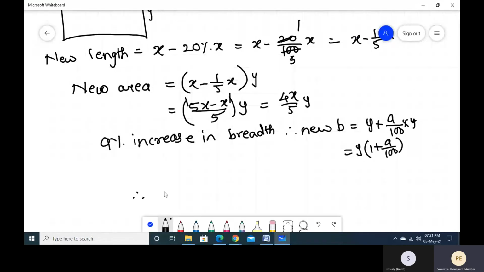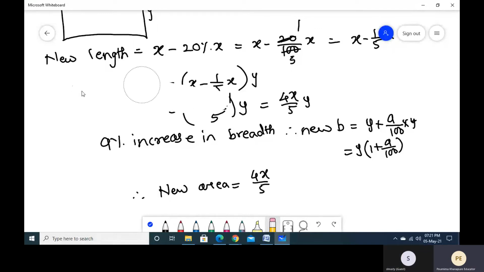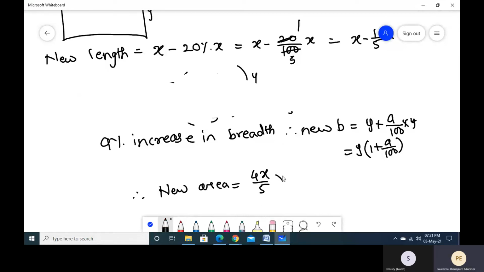The new length is 4x upon 5, and the new breadth is y into 1 plus a upon 100. So the new area is 4 upon 5 into bracket 1 plus a upon 100 into xy.